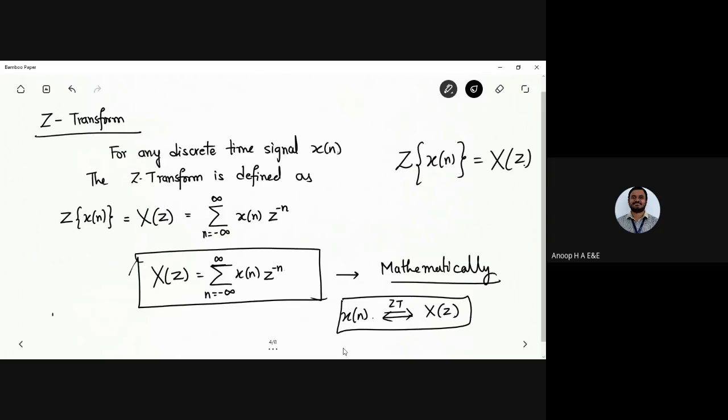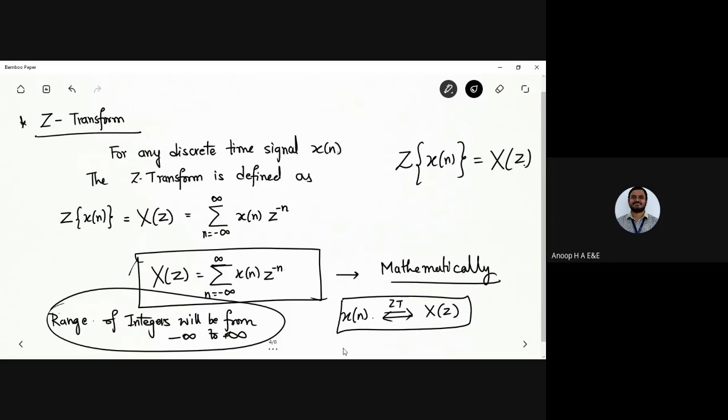So the range of integers, I just wanted to talk about here. The range of integers will be from minus infinity to plus infinity. Any range of integers that is taken into consideration, I'll have the Z transform defined over the summation of the ranges there, right?